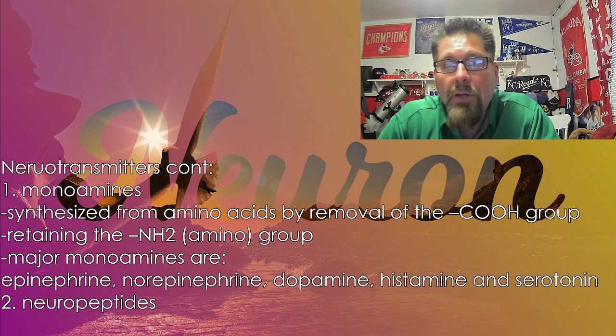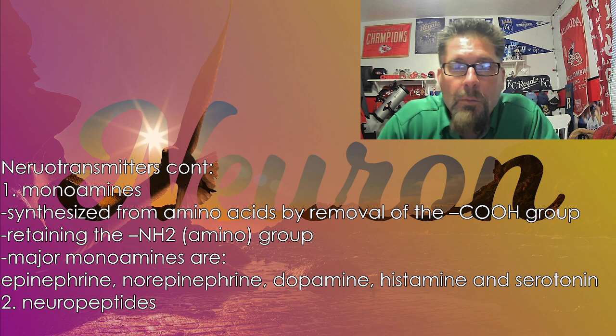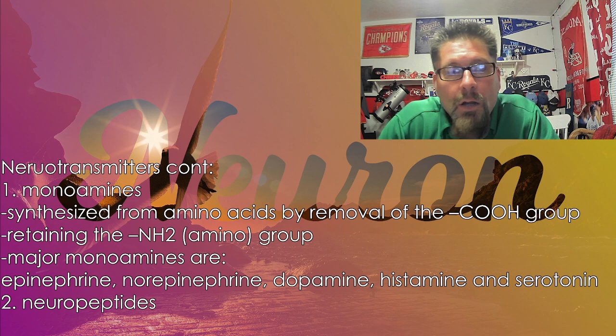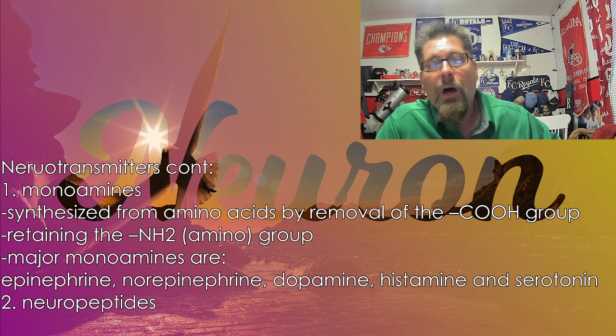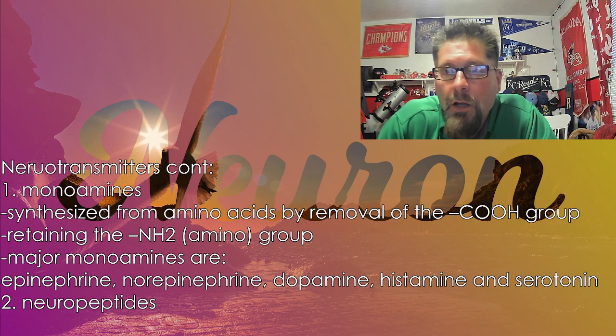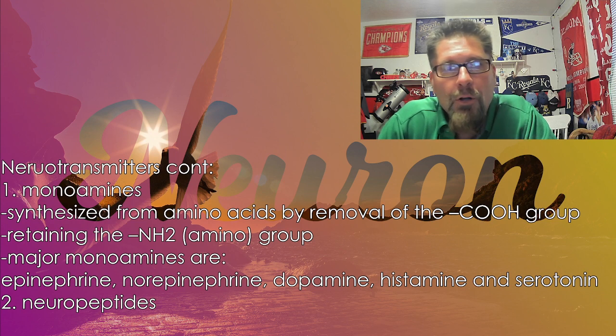Now, one of the groups, the monoamines, these are formed with the NH2 functional group. In your biology class, when you looked at proteins, hopefully you talked about the R group, if you know what that is.